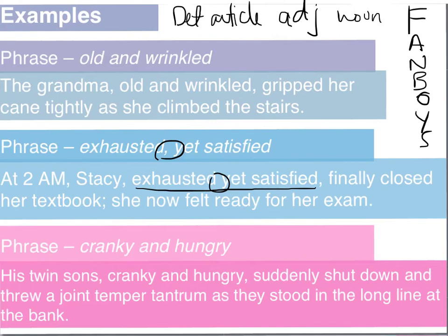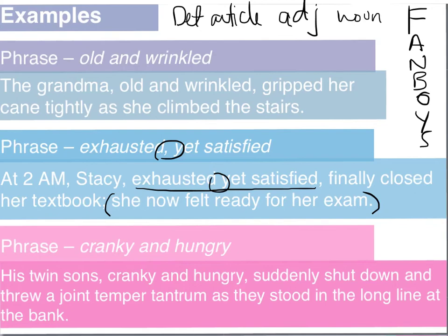But you can see here that we create this image of a very exhausted Stacy, but she feels satisfied, and it sets us up for this final clause where it says she now felt ready for her exam. So again, we've got the close-up panning out.